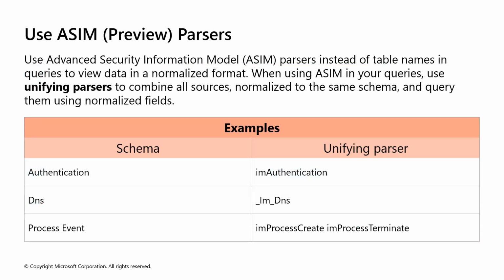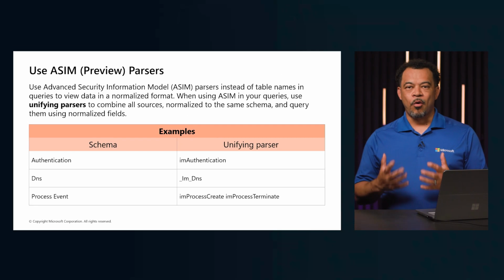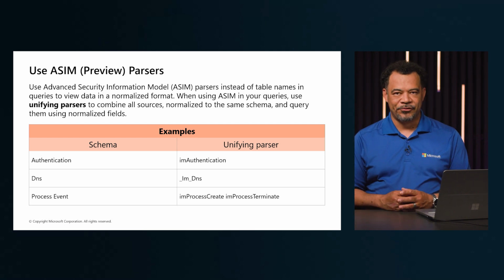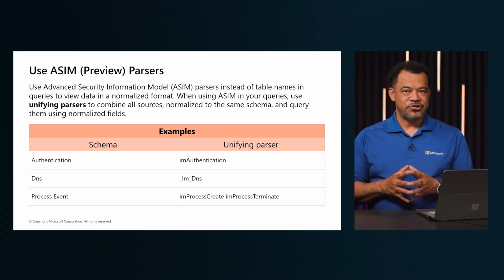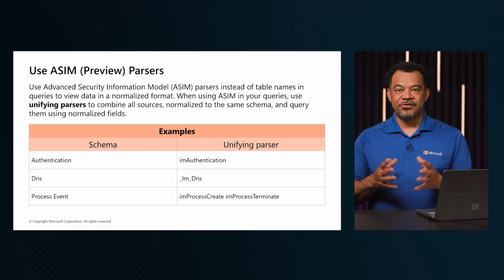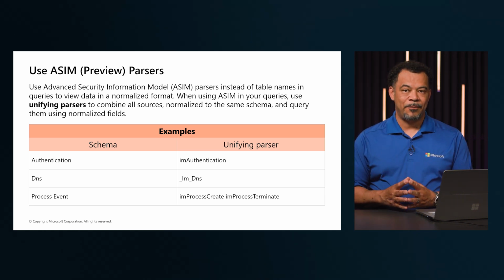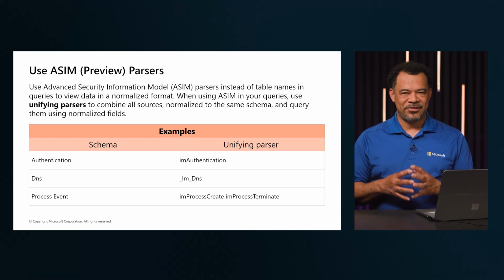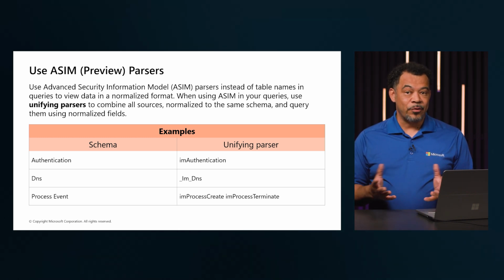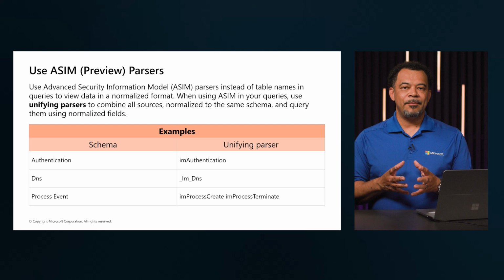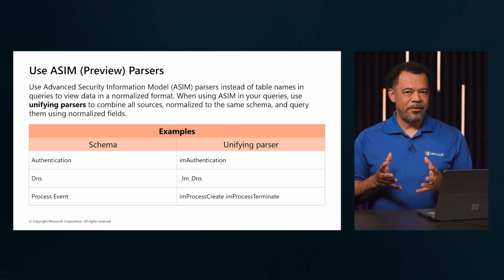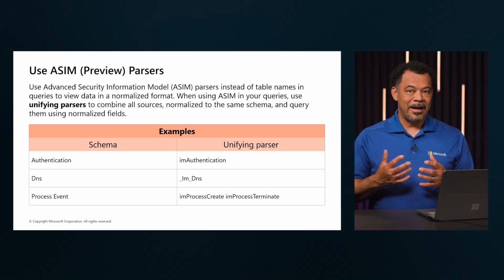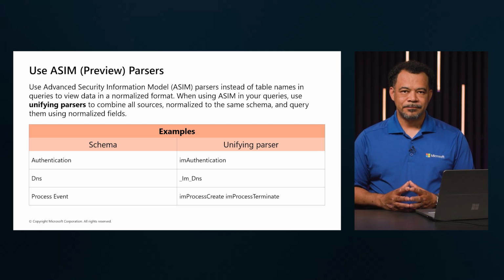When working with Microsoft Sentinel, ASIM parsers allow you to query data in a normalized format by replacing raw table names with standardized parsers. This approach ensures consistency across data sources by using unifying parsers that align all incoming logs to a common schema. For authentication-related data, use the IAM authentication parser to standardize fields like user, IP address, and result.